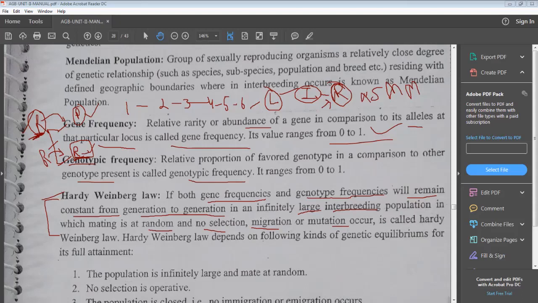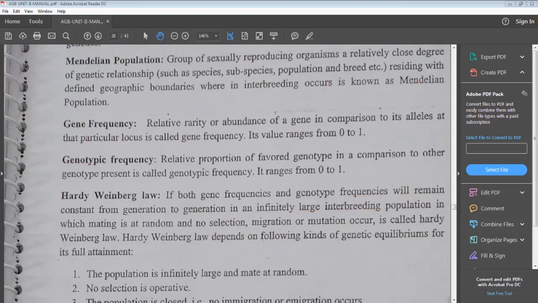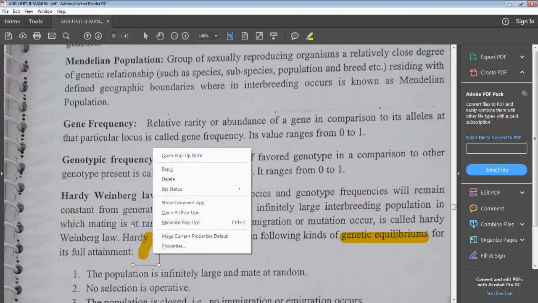The Hardy-Weinberg law depends upon the following conditions of genetic equilibrium for its fulfillment. If a particular generation or population shows these characters, we say that this population is in genetic equilibrium.